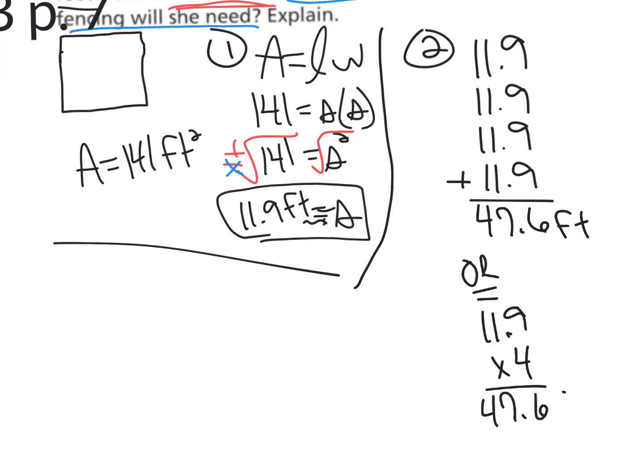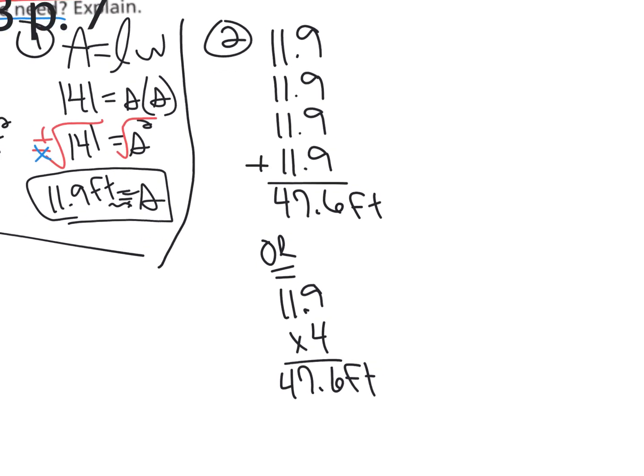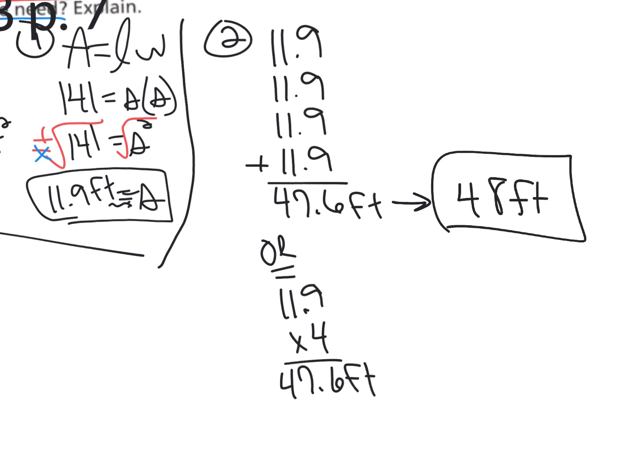And we're almost done. So we still need to round this to the nearest foot. So we're going to round to 48 feet, whichever way you do that. We'll round to 48 feet, okay? And I would argue in this case, real life scenario, even if you got like 47.2 feet, you'd say, oh, it's closer to 47.